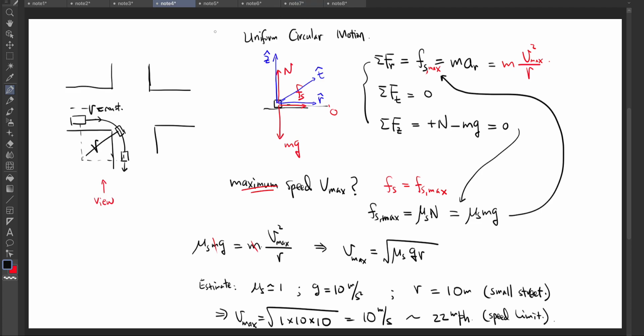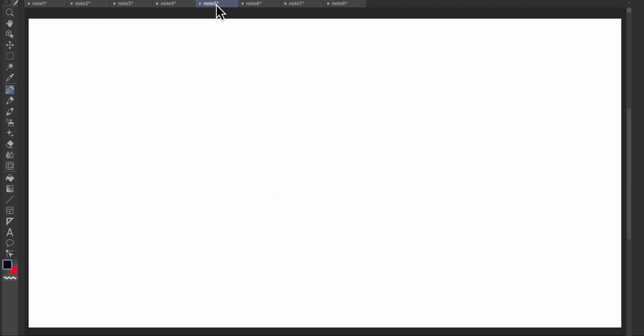Okay, so that's one example of uniform circular motion. Now let's talk about another example of uniform circular motion. It's called a banked surface. It's also in the opening discussion I made earlier.